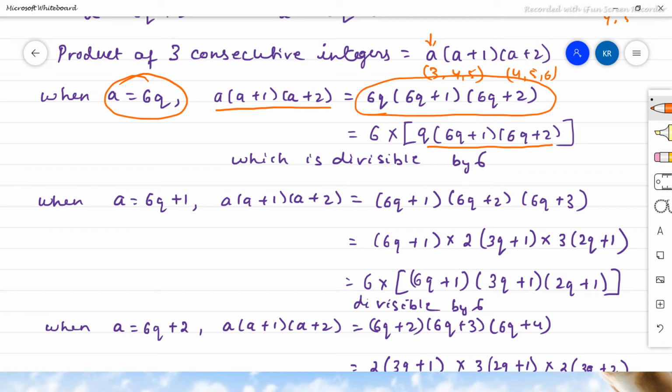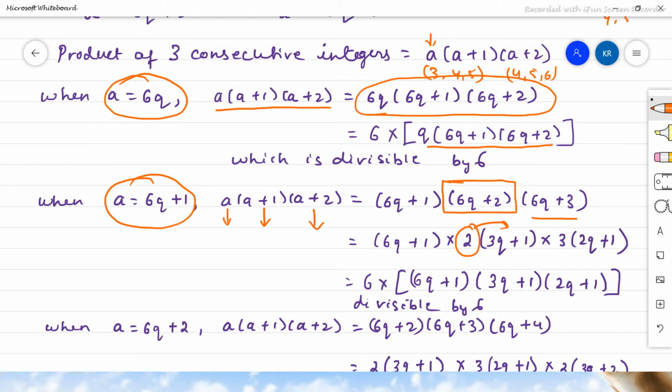Moving on, now a equals 6q plus 1. In place of a we use 6q plus 1, then 6q plus 2, 6q plus 3, as they are consecutive. In 6q plus 2 we can take 2 out common, so we have 3q plus 1 inside the bracket.